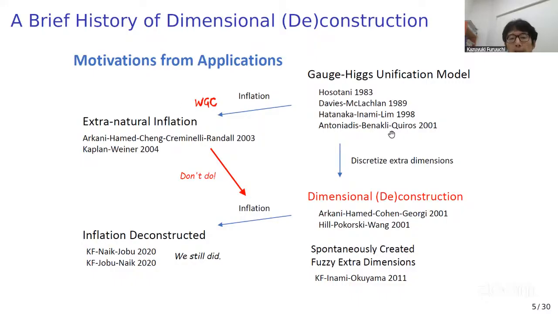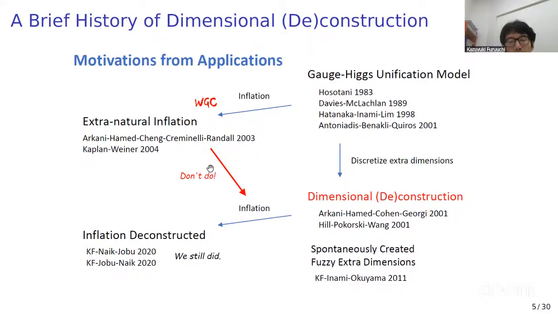Now we come to dimensional deconstruction, where we discretize the extra dimension. I will explain it in more detail, but the motivation is similar: they wanted to explain the lightness of the Higgs mass. It is natural to look for a corresponding inflation model. But already in this paper, it was noticed that there's a problem.